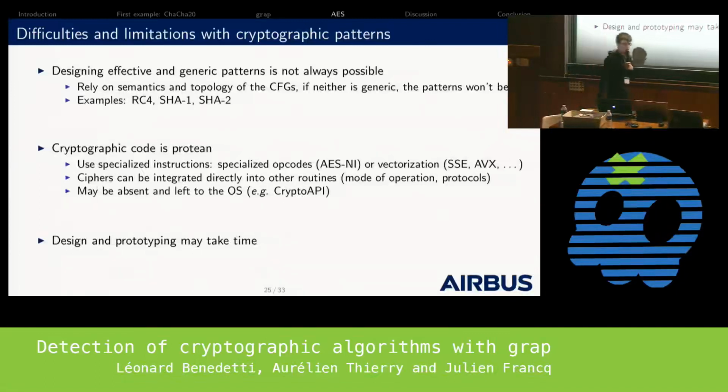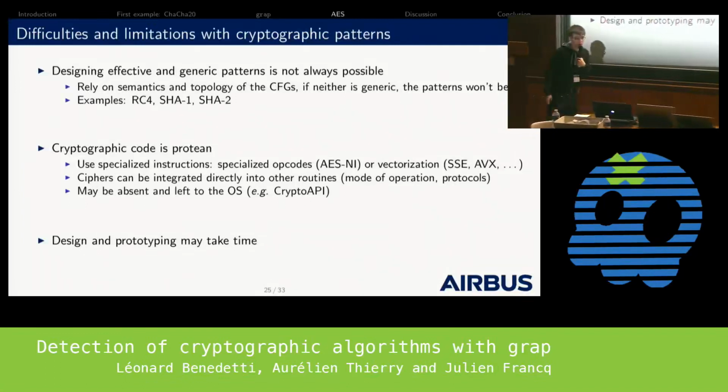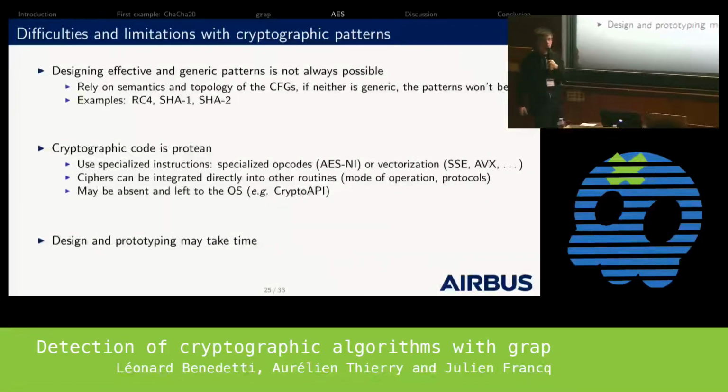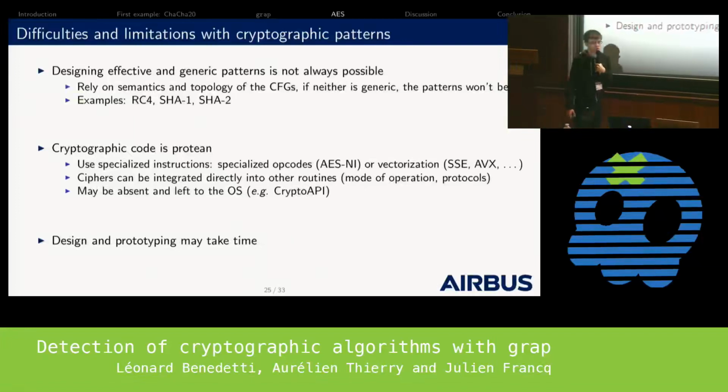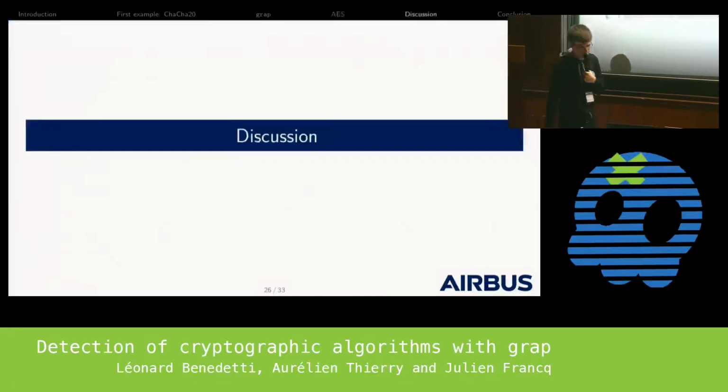And finally, if you want to design generic patterns for cryptographic code, it will take some time because you have to look at the algorithm and study the implementations. So it won't be as easy as just listing the constants used and trying to find them.